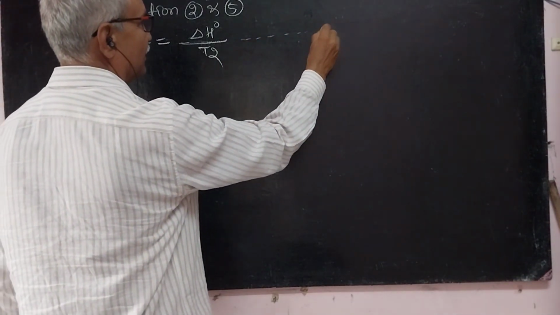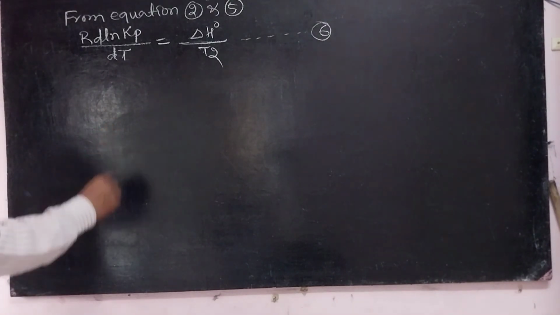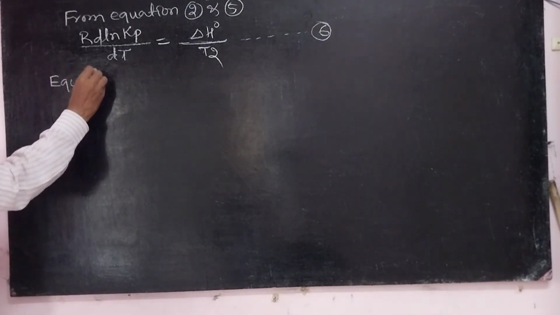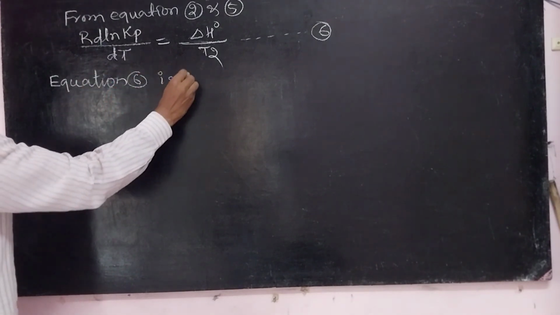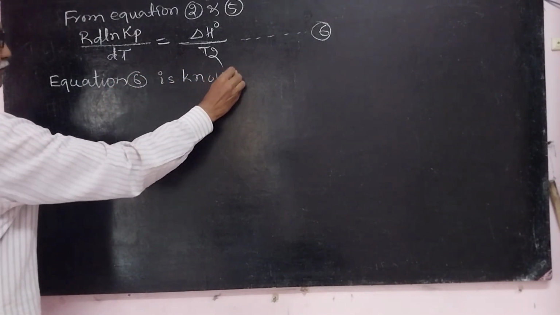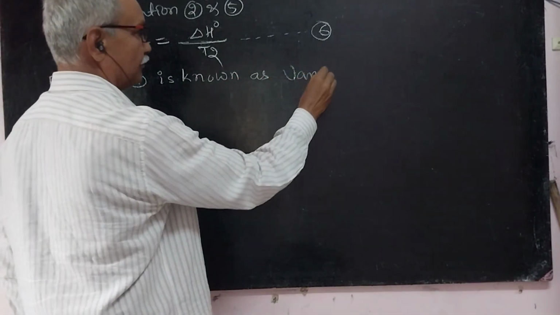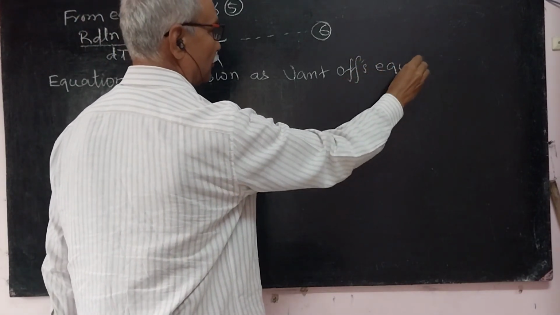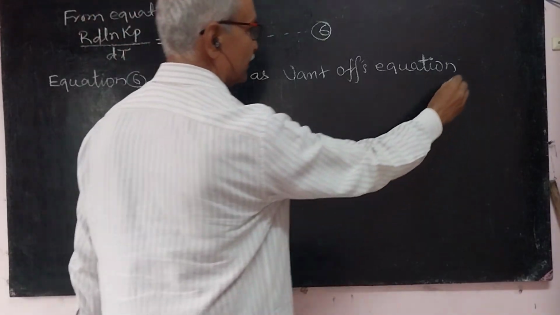This is equation 6. Equation 6 is known as van't Hoff's equation.